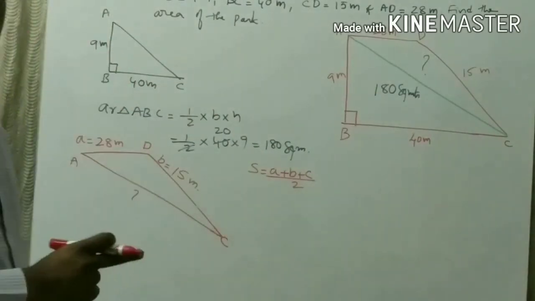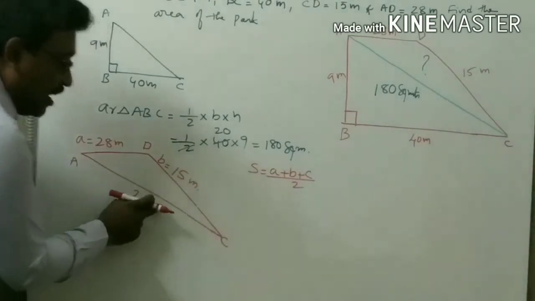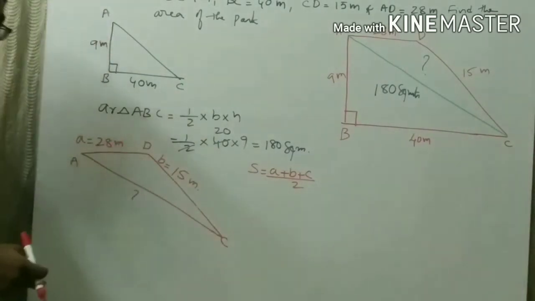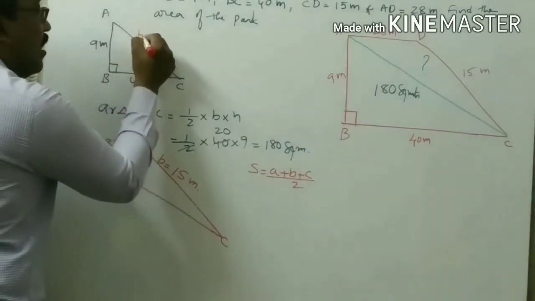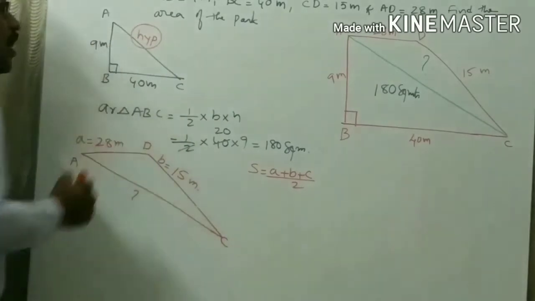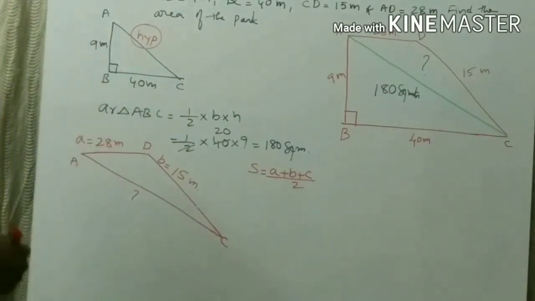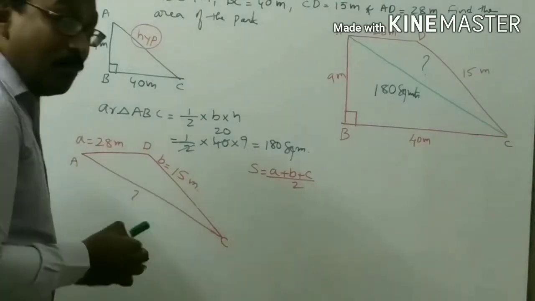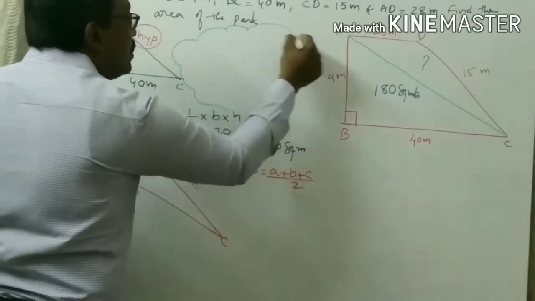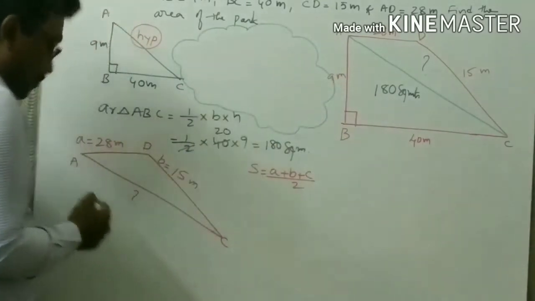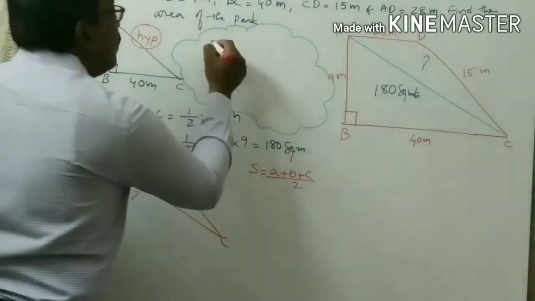With respect to the quadrilateral, AC is a diagonal. With respect to this triangle, AC is one of the sides. But with respect to the right angle triangle, AC is one side, of course the hypotenuse. We can use here the Pythagoras theorem. Very good. Side square plus side square is equal to hypotenuse square.